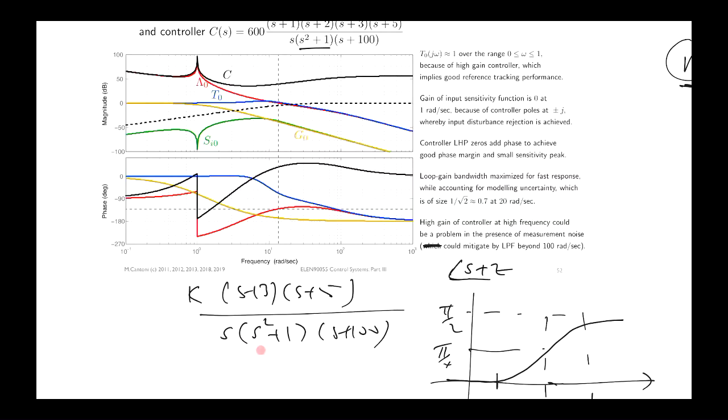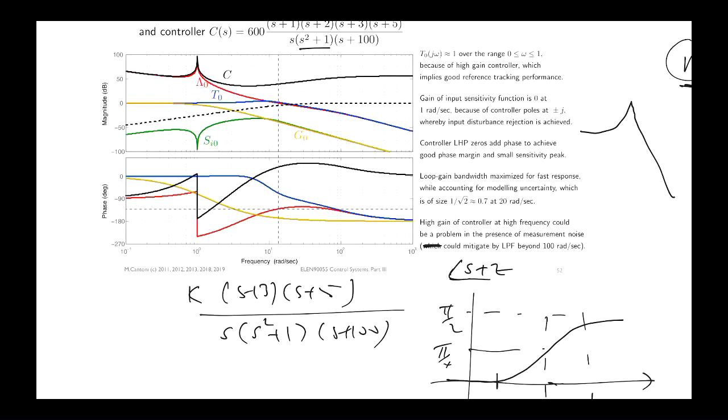And this term here will look like this, and then go down at 40 dB per decade beyond the frequency 1. So you can see that it produces this peak here in the loop gain, which again forces the sensitivity function to be 0 at the corresponding frequency.